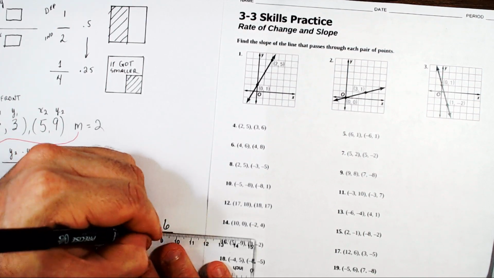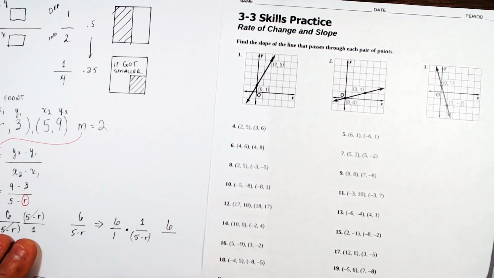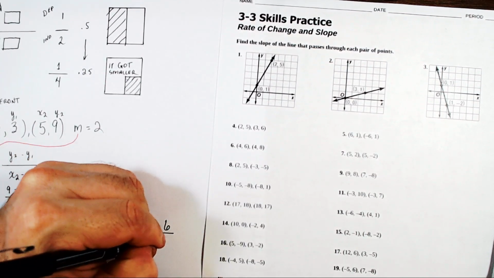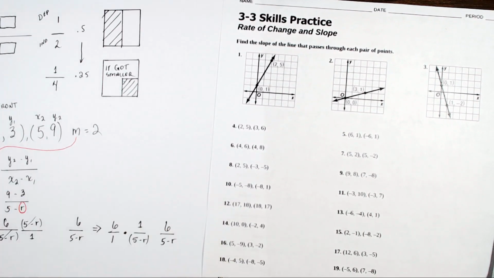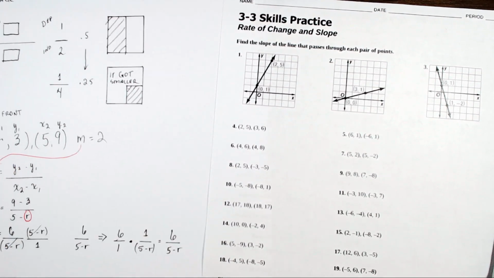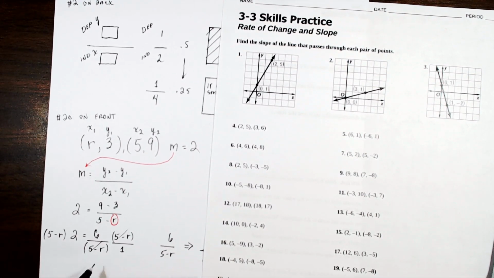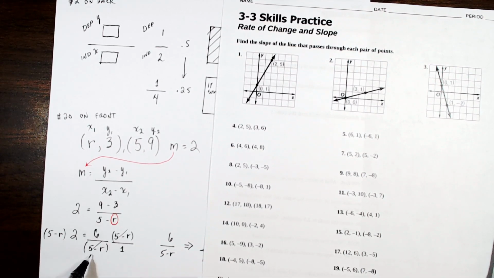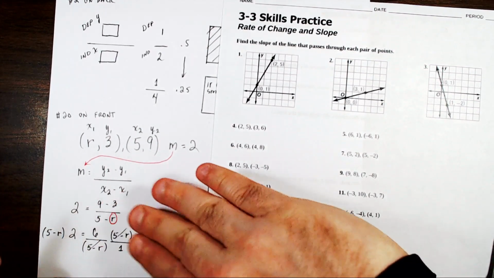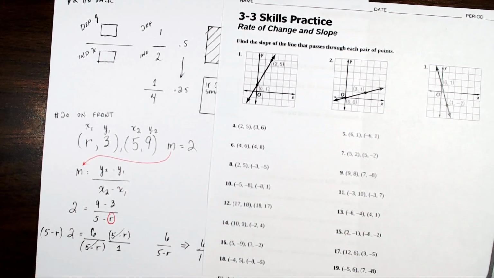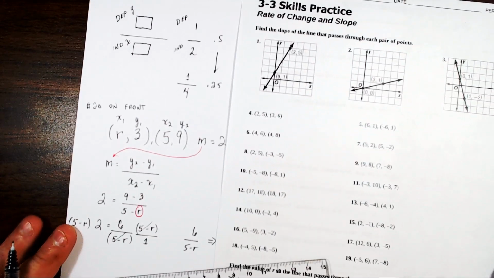And if I multiply 1 by 5 minus r, I just get 5 minus r. So now I'm back to 6 over 5 minus r. Okay? That's why when I do the reciprocal multiplication, I'm putting the denominator and the numerator over 1, because it's really 1 over 5 minus r. So I'm going to flip that. I'm going to flip it and multiply by the reciprocal. Okay, fair enough.